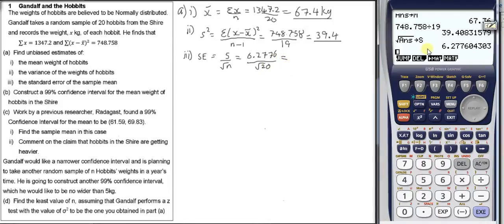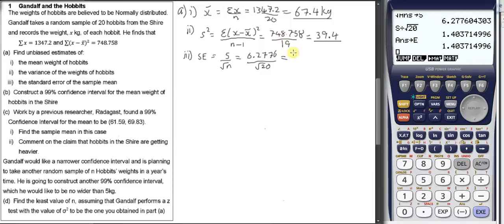Back to the calculator, and I've got s stored, so s divided by the square root of 20. And I'm going to store that as well. I'm going to store that as e for error, again just in case I need that, and that's 1.40. Notice I'm giving my answers to 3 significant figures but using exact values. So that's part A.